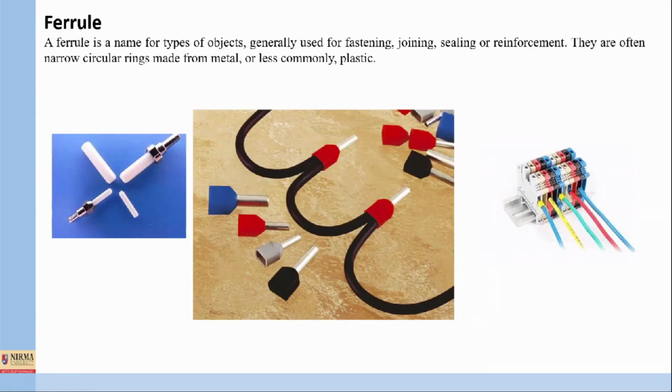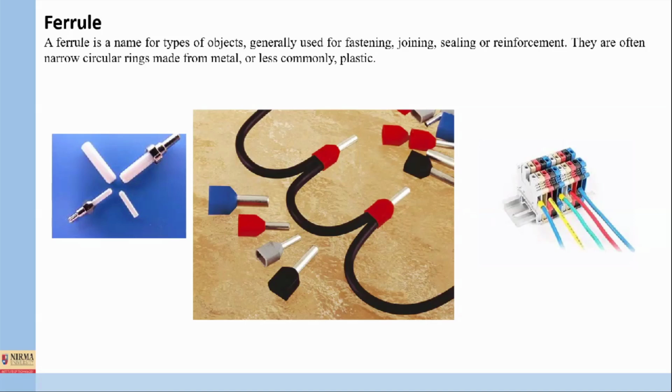Here are the components normally used to give firm connectivity between the cable and the connecting point. In single phase supply, we simply strip out the insulation and directly wind the copper conductor over the joint point. But the same thing cannot be done for high current or high voltage circuits like three phase supply, because there will be huge current that may create arcing or something else.